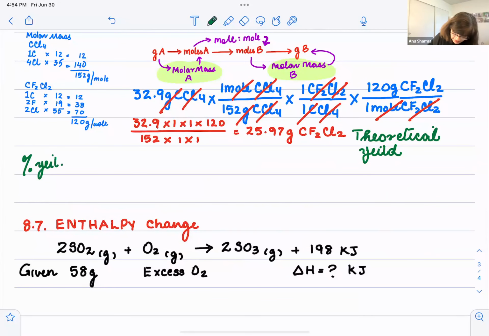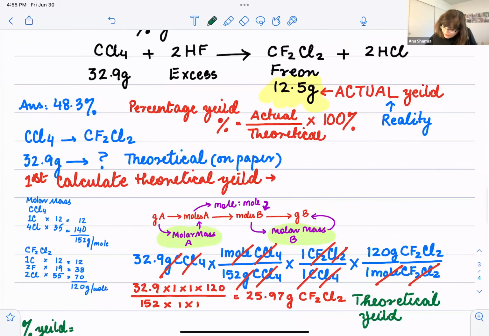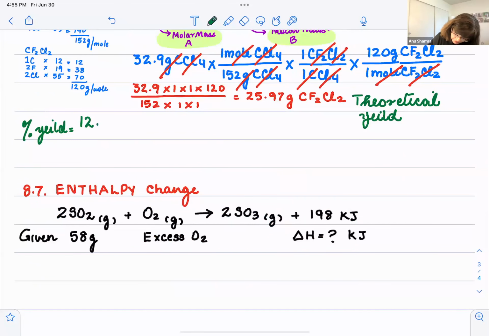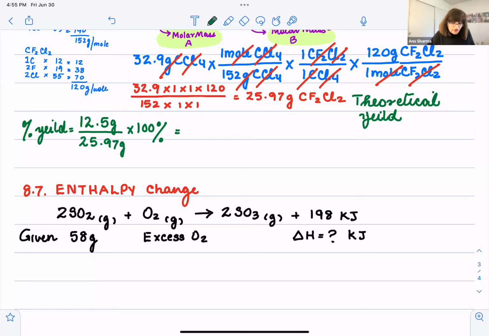Percentage yield is equal to the actual over the theoretical, and the actual is 12.5 grams, over the theoretical 25.97 grams, times 100%. So what do you get here? 12.5 divided by 25.97 times 100%, and you get 48.13.